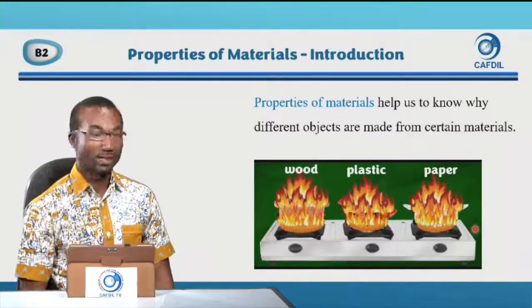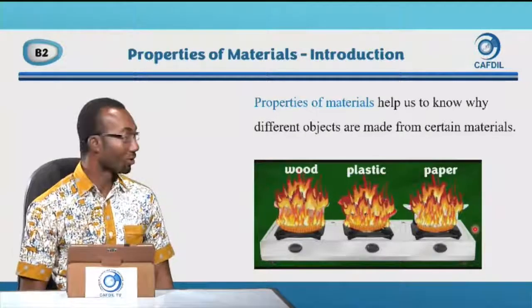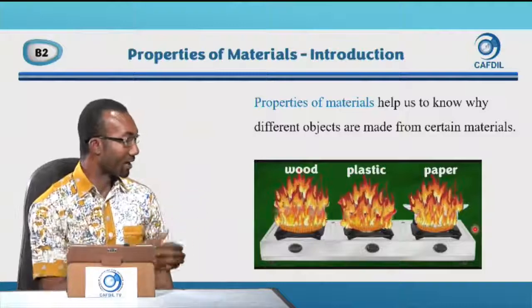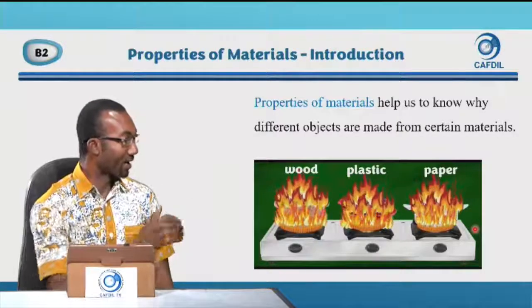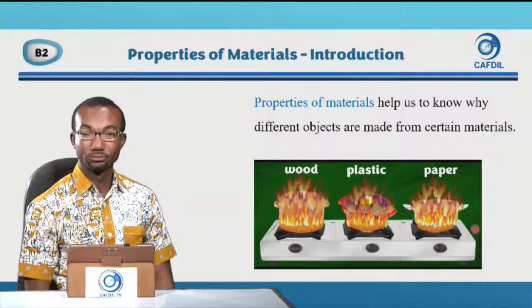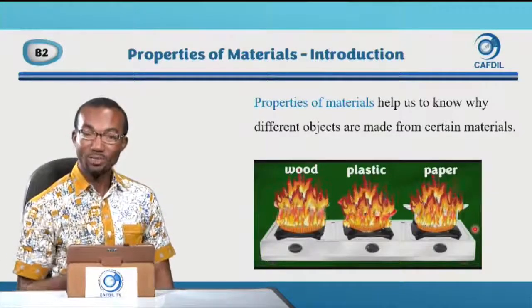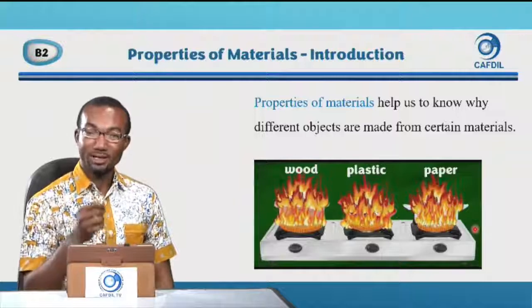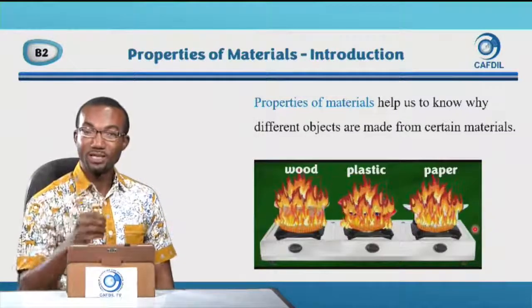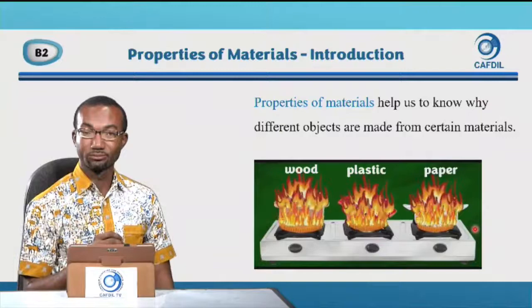What materials, if I put them on fire, will not burn like how my wood is burning, how my plastic is burning, how my paper is burning? Good. Metals. So that means that metals are good for making cooking utensils.